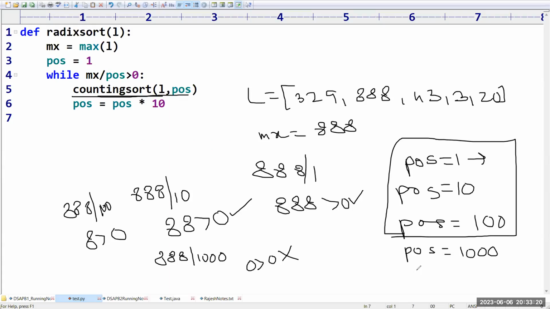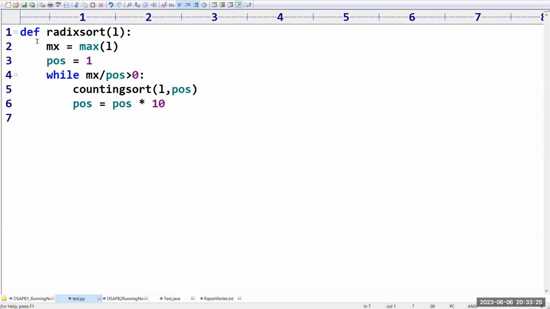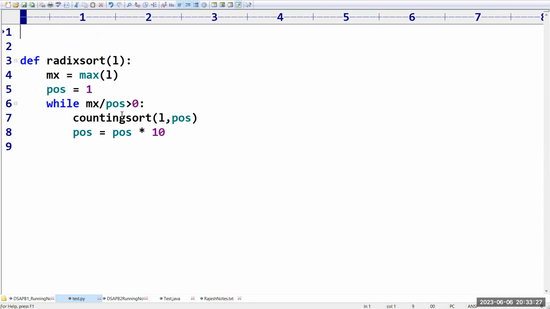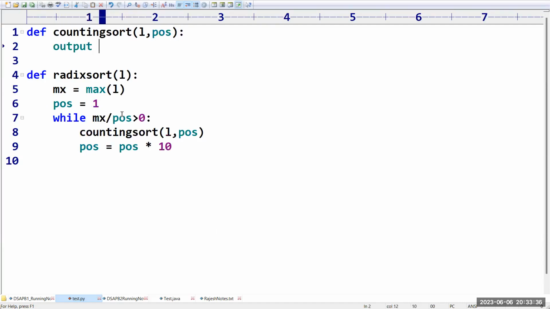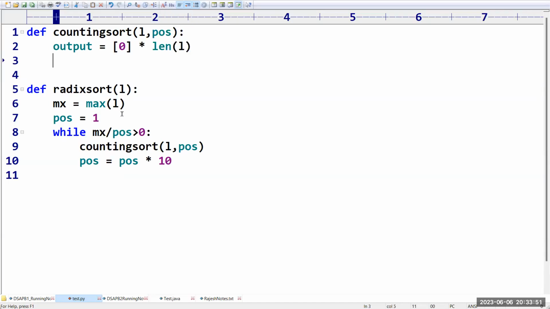Right. So now I will implement the counting sort function also. So def counting sort, and here we take the list and the position. The people who attended the previous class on counting sort, I think you got the idea how counting sort works internally. I'm preparing an output array with 0 into length elements.